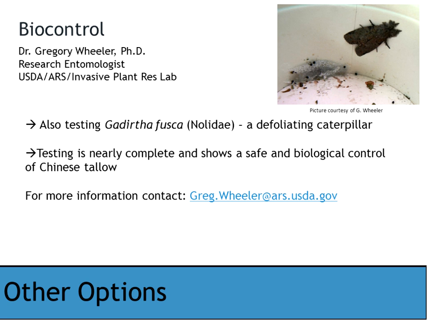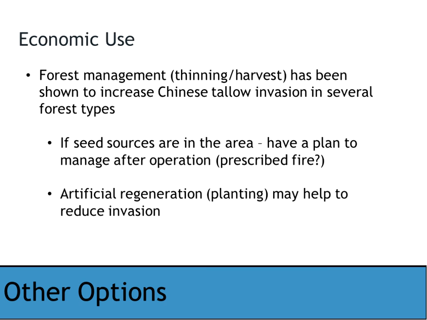They're on the final phases of the test trials for this. They're also testing a defoliating caterpillar, and both of these are looking to be very safe biological controls of Chinese tallow. He should have more information out soon, but if you're interested in contacting him, his email address is there.